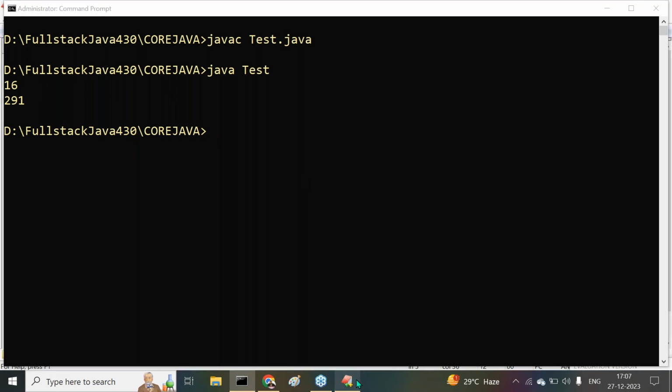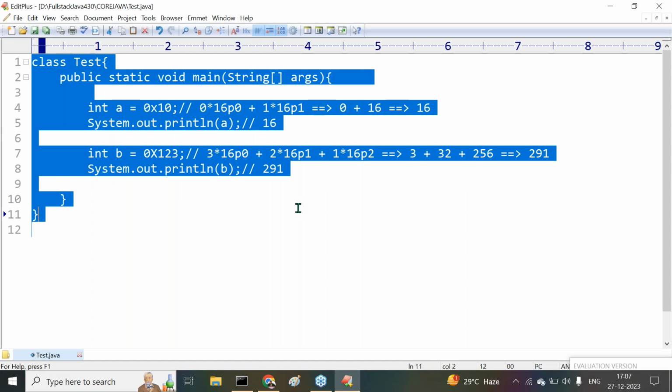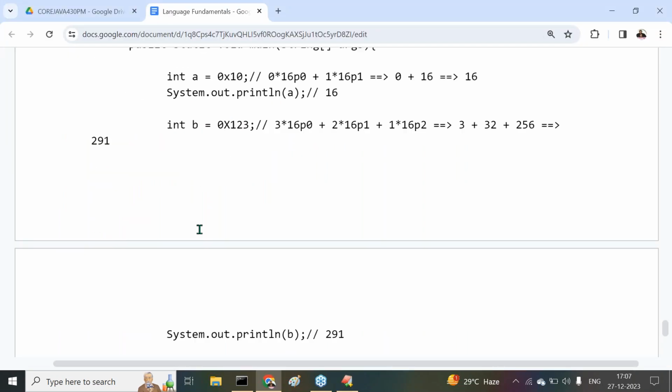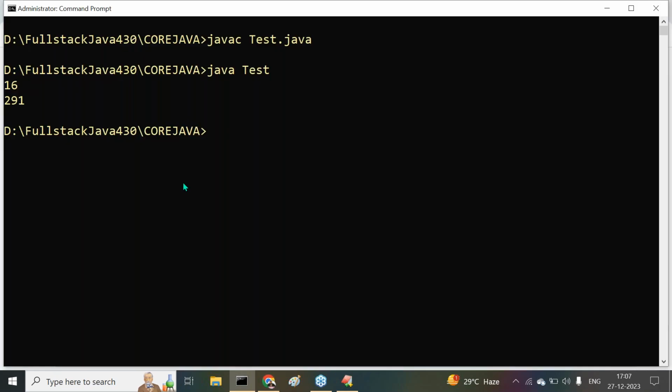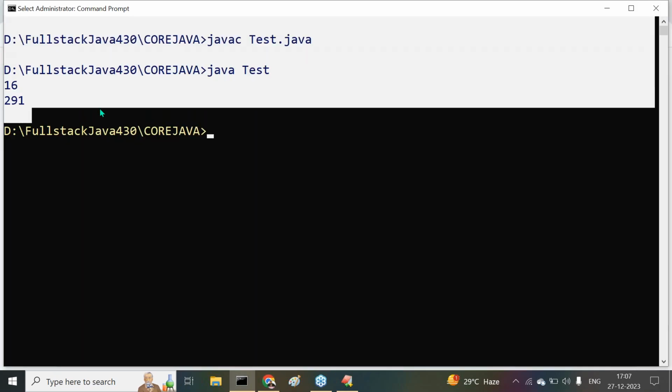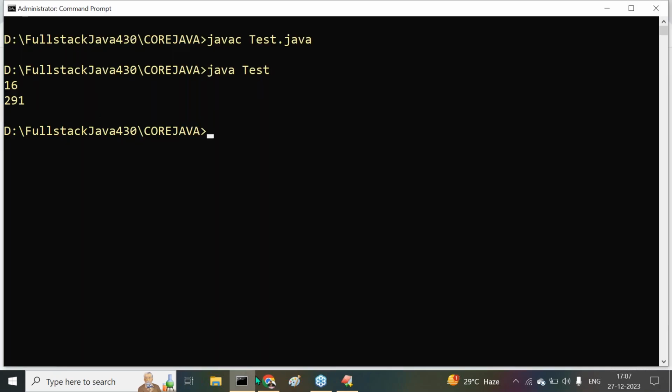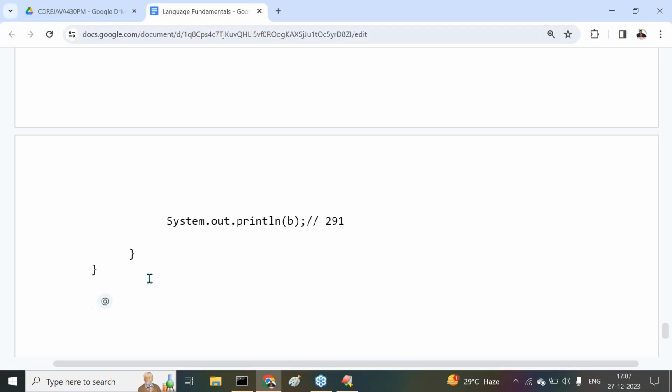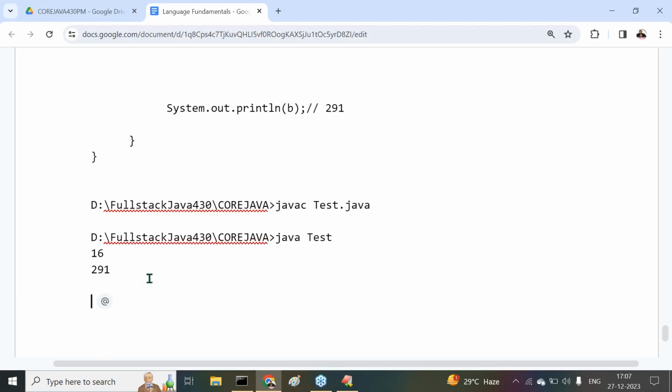Okay, fine. So this is an example about the hexadecimal number. In this we mainly focus on conversion from hexadecimal number to the decimal number. Why are we converting like this? What is the requirement of converting like this? The point is, even though I represent the number in hexadecimal form, the final output I get in what number system?